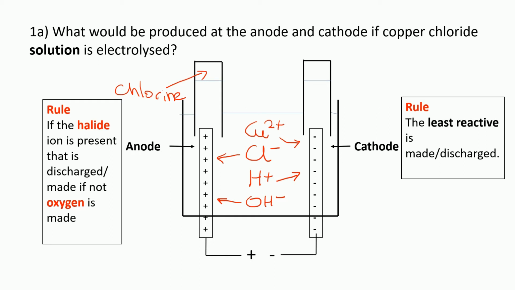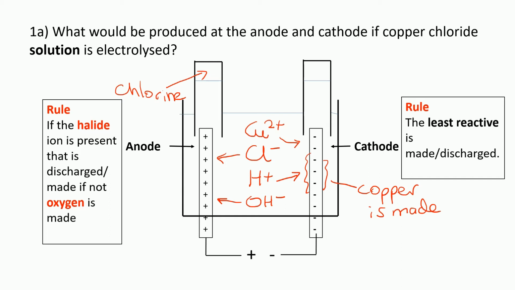So it's copper that is going to be made at this side. So what we would notice is we would get copper building up on the electrode just here. So copper is made at this side. So the two things we've got being made are copper and chlorine.